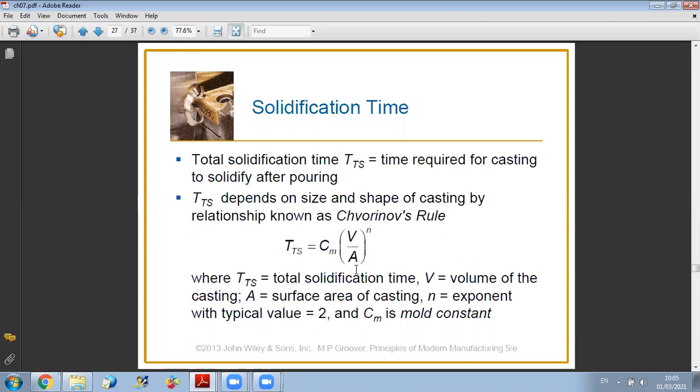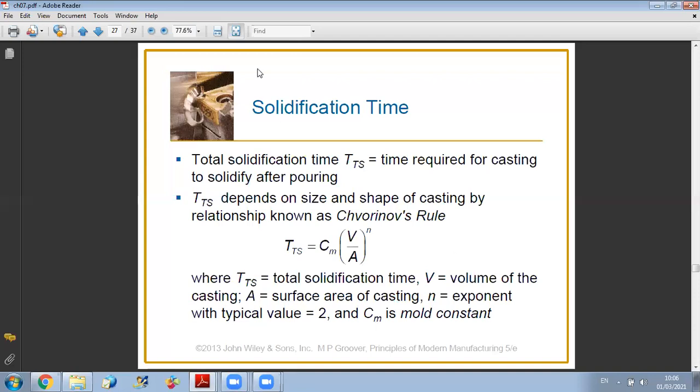While the second factor affecting the solidification time is related to the geometry of the pattern and is calculated as the ratio of volume to surface area of the casting to the power n. Now, what do we mean by volume over surface area? The surface area is the contact area between the final cast that will be produced and the mold.